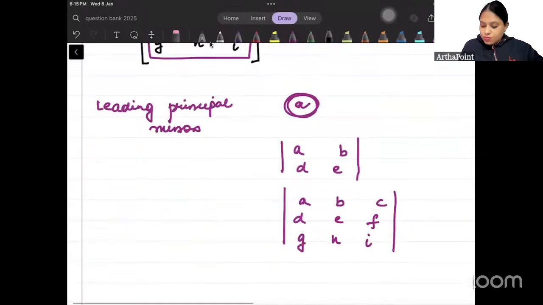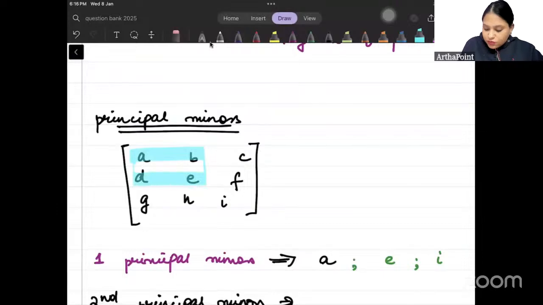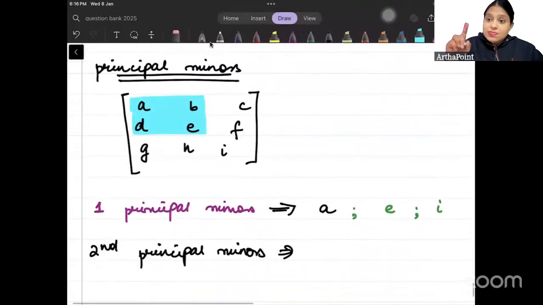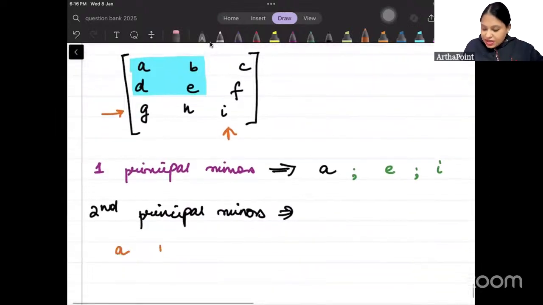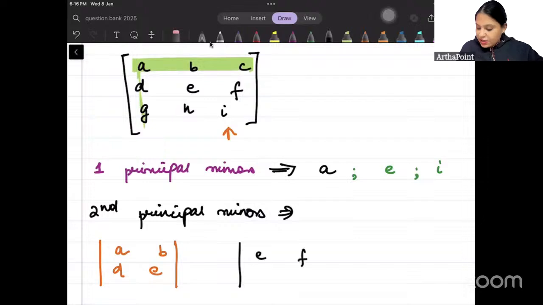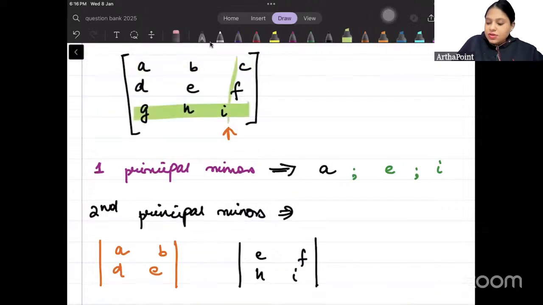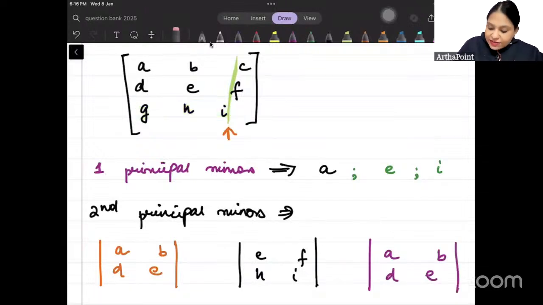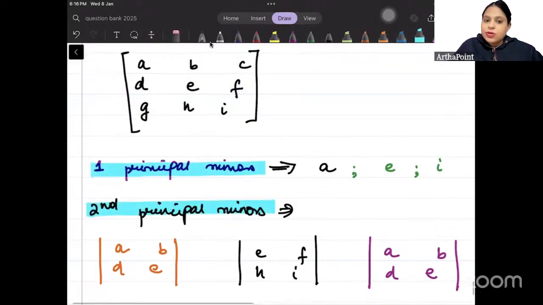But now, first I take this one: I eliminated the third row and third column, so I get the principal minor determinant of A, B, D, E. If I eliminate the first row and first column, I get E, F, H, I. And if I eliminate the second row and second column, I get A, C, G, I. So I have to find all the second order principal minors.